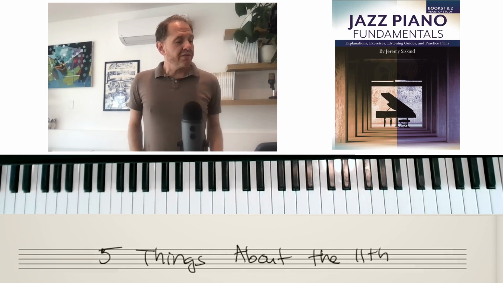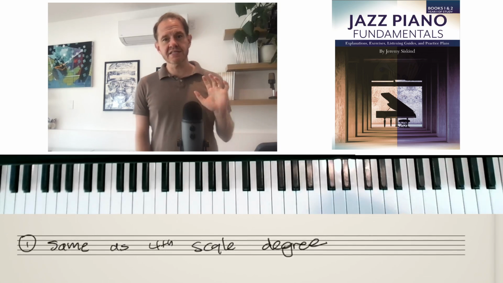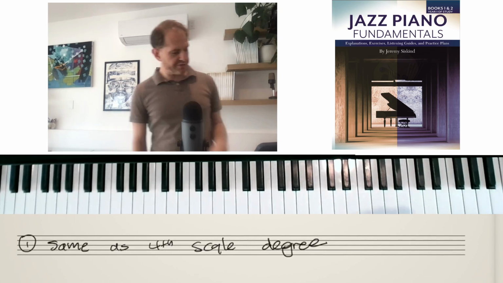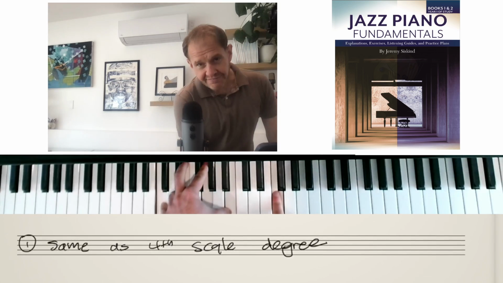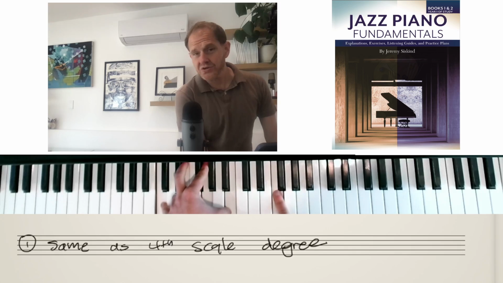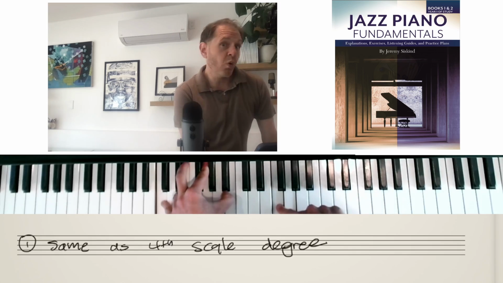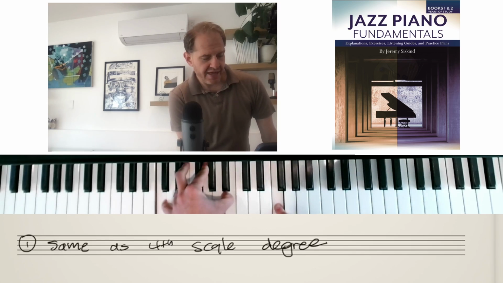The first thing you should definitely know is that the 11th is the same as the 4th scale degree. So in the key of C, the 11th is this F natural. If you're finding the 11th, you can think about the major scale, or any minor scale, and go up 4 notes.